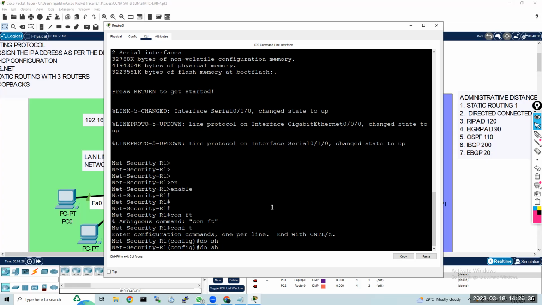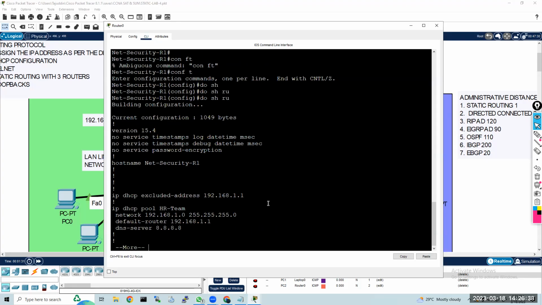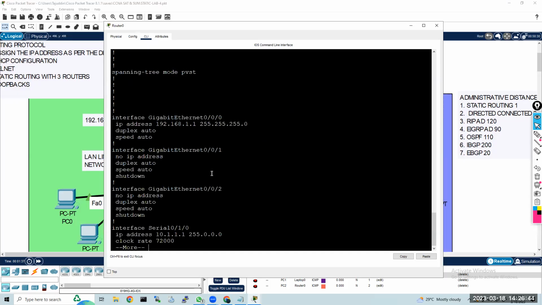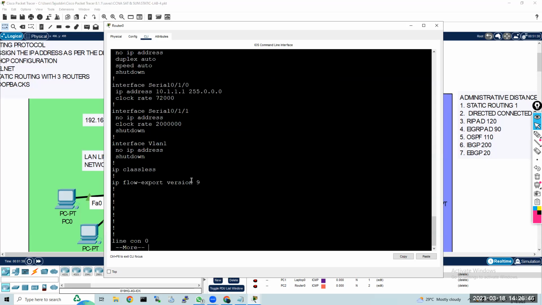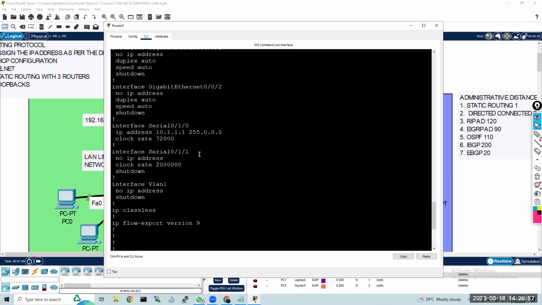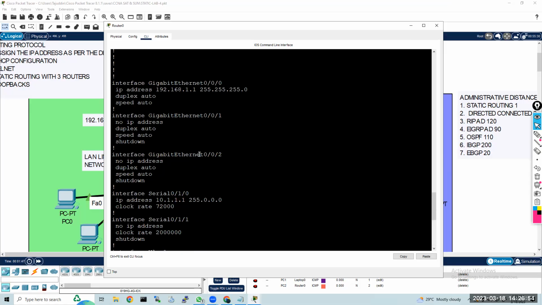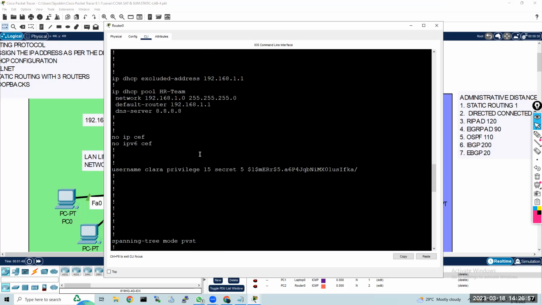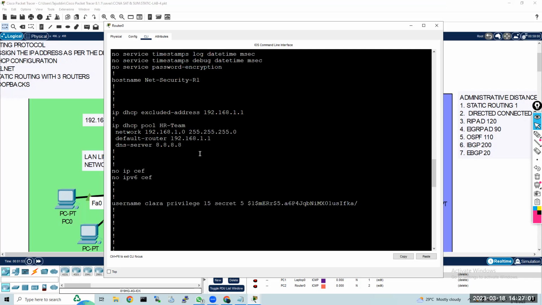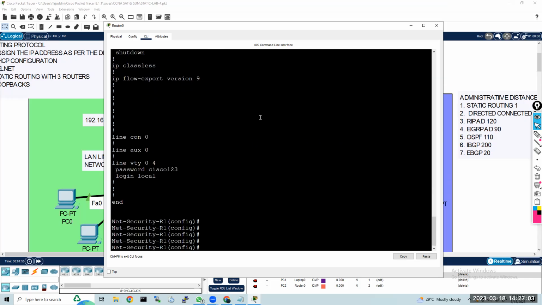What configuration are we running here? We have configured DHCP and some telnet as well last week, and we have assigned the IP address. I think static routing we have not configured here. I cannot see static routing. Let's check the configuration.